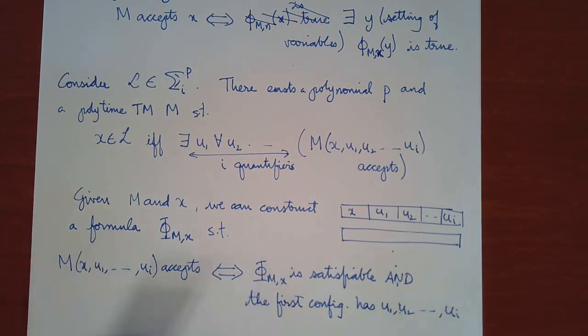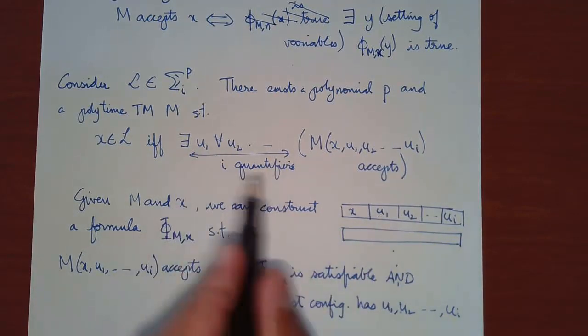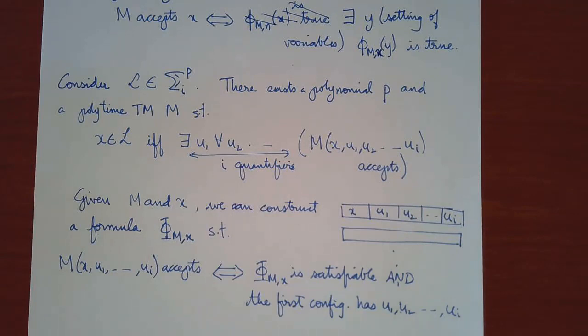So given M and x, we can construct a formula such that this holds. And this is basically just checking equality with whatever we get over here.